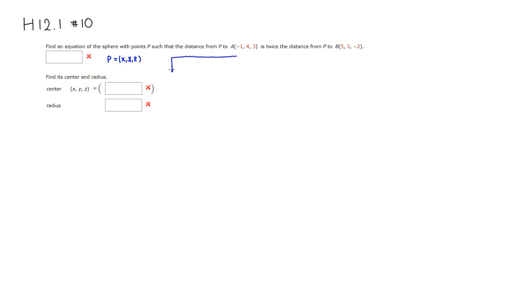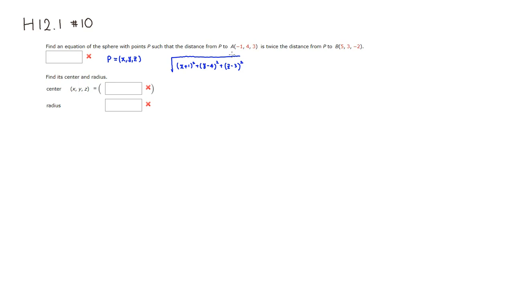You have a square root of x minus -1, so plus 1 squared, plus y minus 4 squared, plus z minus 3 squared.